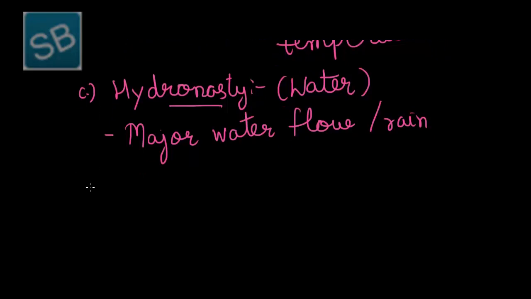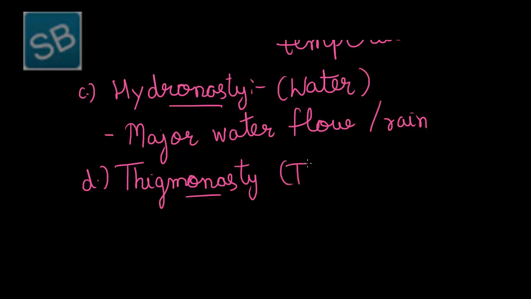And the fourth type of nastic movement is known as thigmonasty. That is the nastism that takes place with touch acting as a stimulus. The best example for thigmonastic plants is Mimosa pudica.